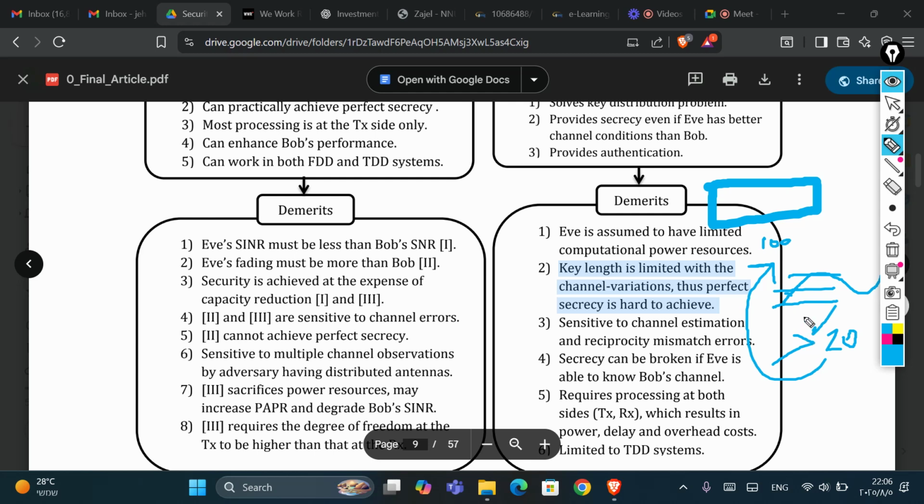What's even more challenging is when you want to transmit your second packet and still use the same key to encrypt the second packet because the channel didn't change much. So if you are in a very stable wireless channel and you are trying to extract randomness from it, but the channel is not changing sufficiently, it's almost constant, you extract certain random bits and you are forced to use them to encrypt packets with length that's far greater than the key length that you extracted from the channel.